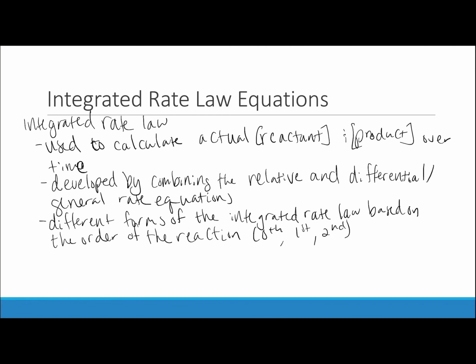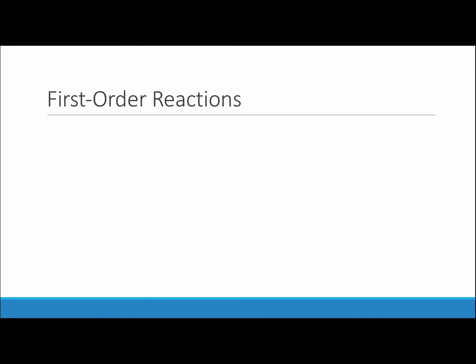They get kind of complicated, but we're only going to go over the forms and how to use them. Okay, so with our first order, remember that a first order reaction's rate depends only on the concentration of a single reactant. As we double its concentration, we double our rate.